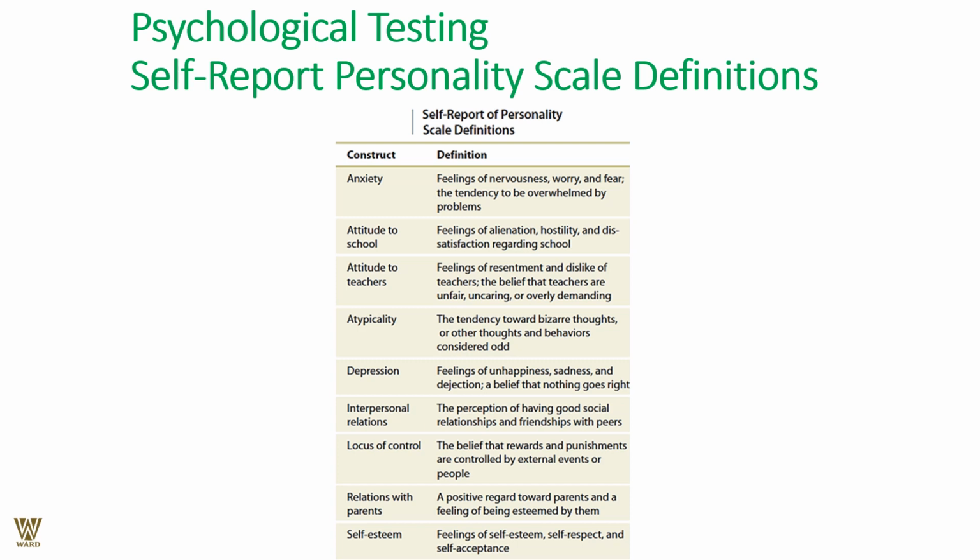So, if we look into self-reporting personality scales: anxiety, a feeling of nervousness, worry, fear. Attitude towards school, a feeling of alienation, not being able to amalgamate with teammates. Attitude towards the teacher, a feeling of resentment and dislike of teachers, the belief that teachers are unfair, uncaring, and over-demanding. Atypicality, the tendency towards bizarre thoughts or other thoughts and behaviors considered odd. Depression, feelings of unhappiness, sadness, dejection.